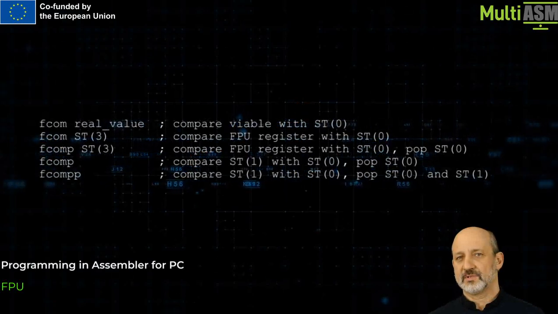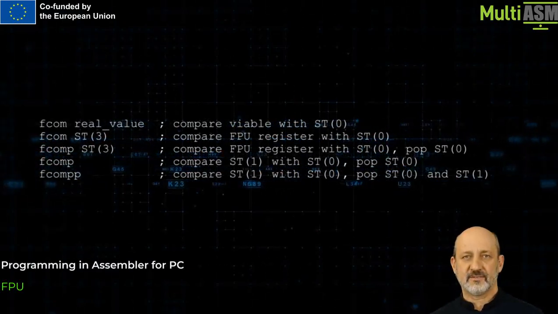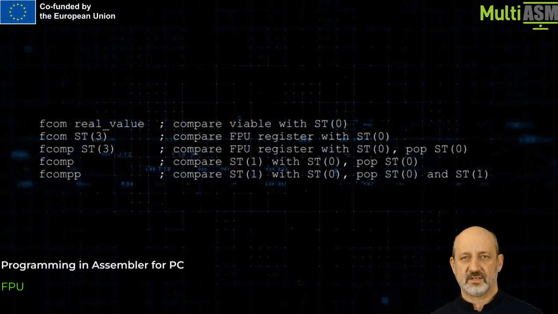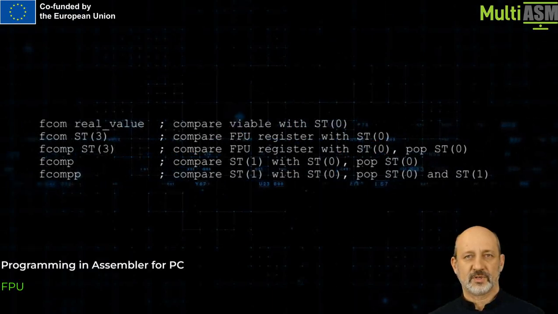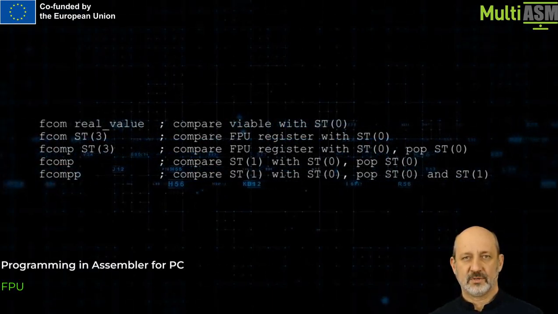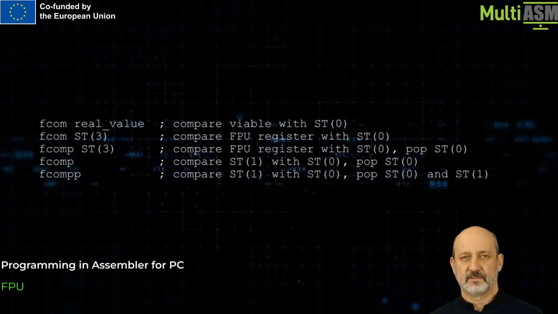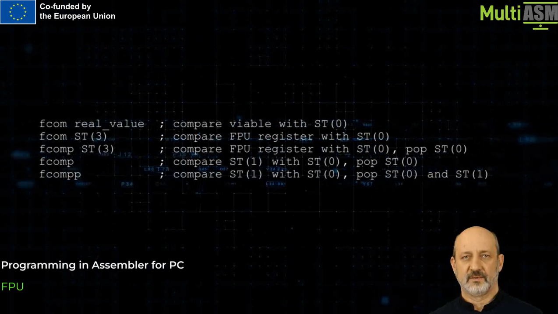The comparison instructions compare two floating point values and set flags in the FPU status register appropriate to the result. The operand of the fcom instruction can be a memory operand or another FPU register. It is always compared with the top of the stack.